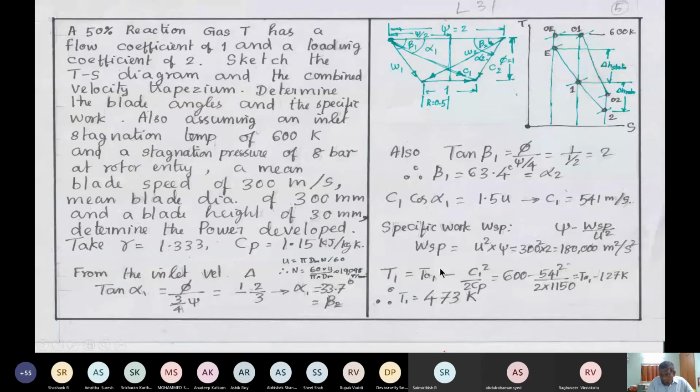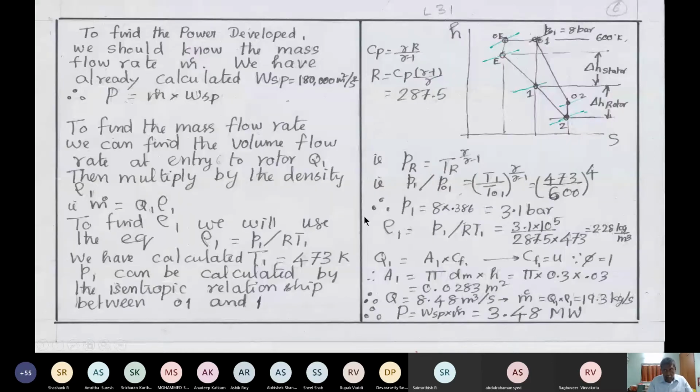So from that, using the isentropic energy equation, T1 equals 473 K. Now, to find the power developed, the important thing is that the mass flow rate should be determined. We are already given the specific work we have calculated.